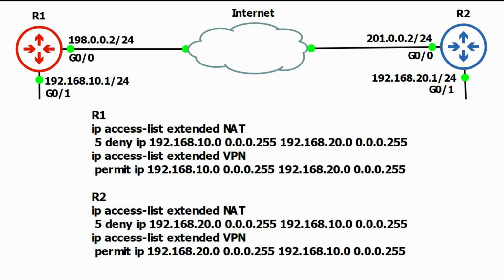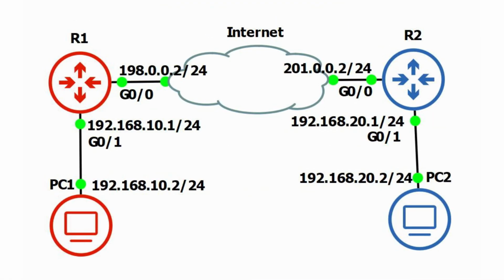In this case, the entire site goes to the internet, and you will have to add beforehand a deny statement for the traffic between the sites, that is, the site-to-site VPN traffic, so it is not NATed, otherwise your VPN will not come up. In Cisco, you also need to create another extended ACL to define the interesting traffic, that is to say, the traffic that has to be transmitted between sites. With this clear, let's go to the configuration.